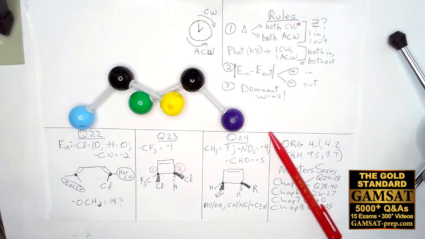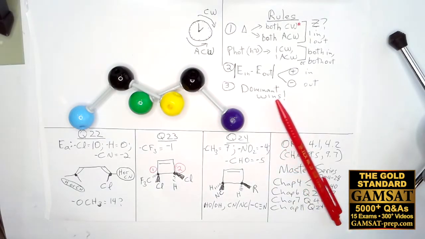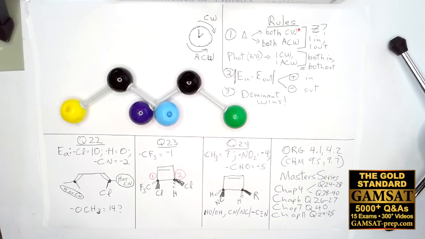And ACER stuck in that word magnitude so that we can understand that the more negative a value is the greater the drive to go out. And so the dominant value wins. That's always easy to understand with positive values, but now it's also clear with negative values. Negative wins to go out. So now we will use the 3 rules to answer the 3 questions.